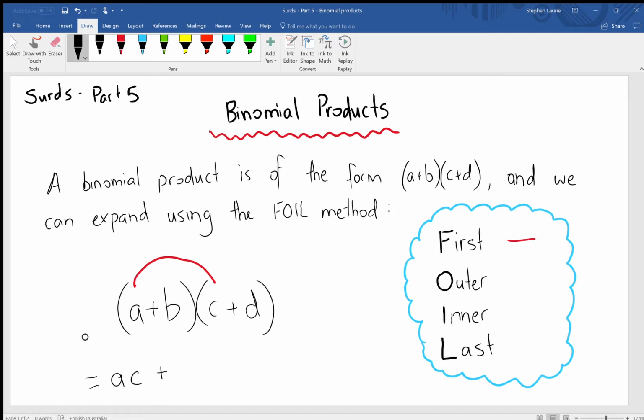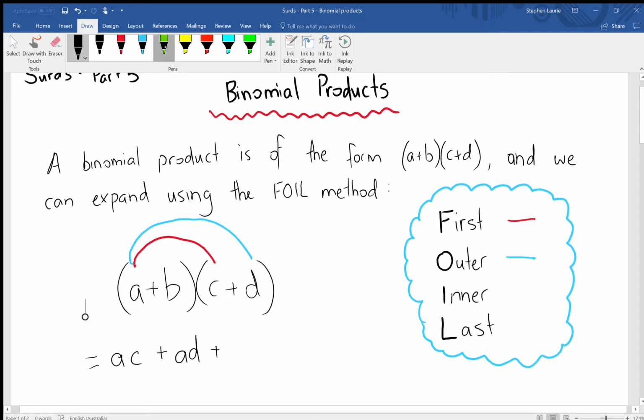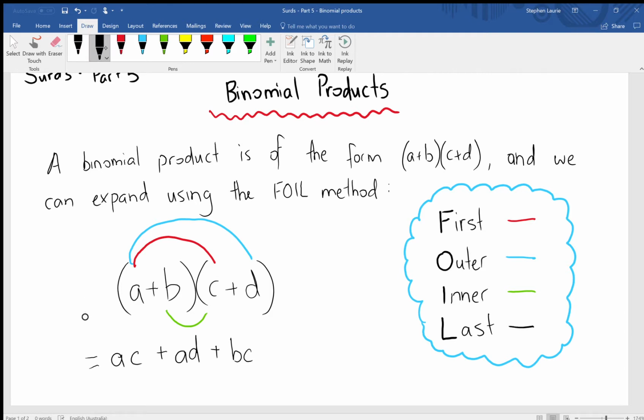Then outer can be blue, that's the outer one, so A times D, or AD. Then we have inner, can be green, so the inner two terms, B times C. And finally, the last, we'll do that in black, B times D, or BD.